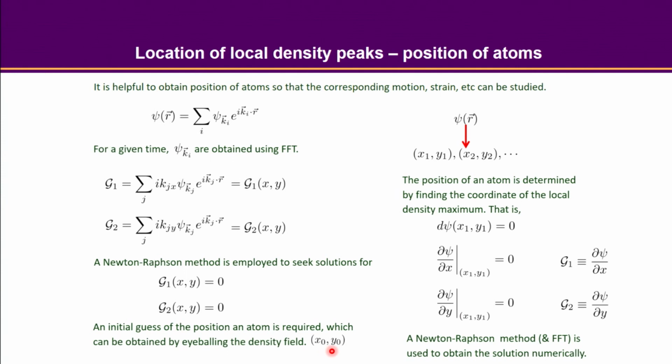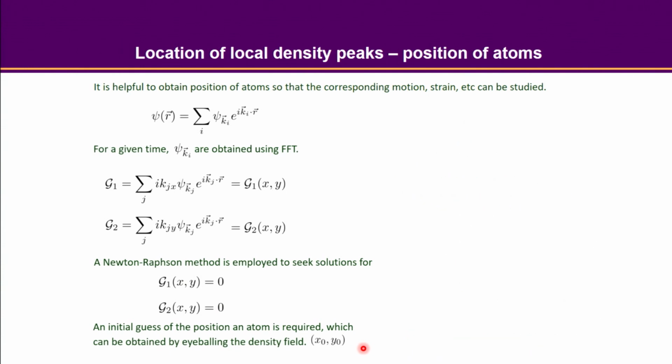Because for the Newton-Raphson method, you will need a good initial guess. So say my guess is that there is a local maximum around x naught and y naught. The scheme of the Newton-Raphson method is the following. Let's say the real solution, the accurate position of the atom, is at x star and y star.